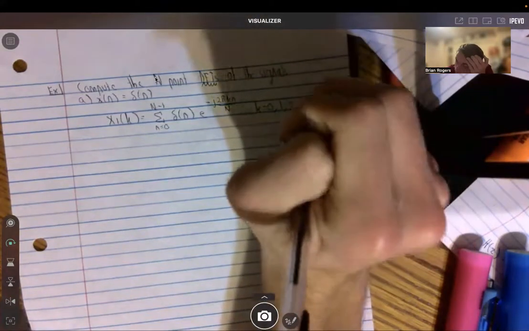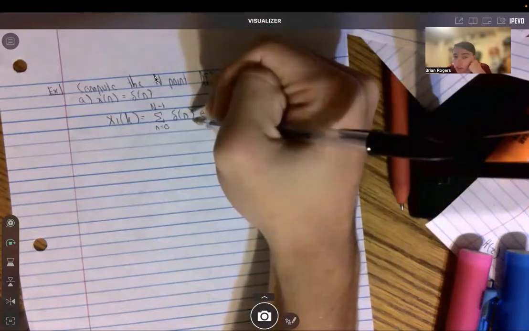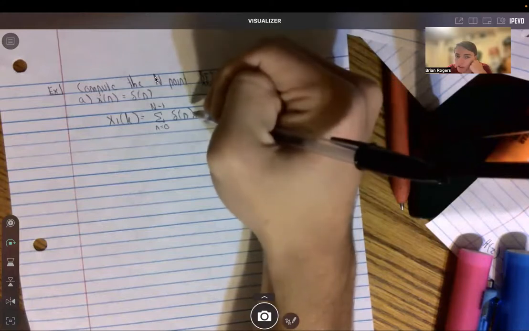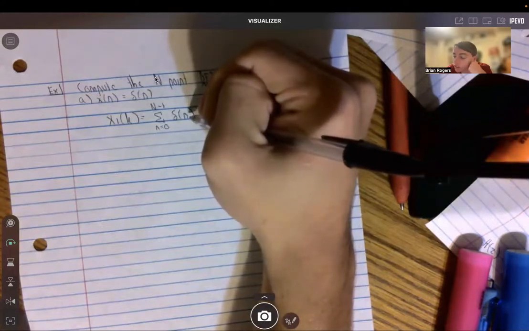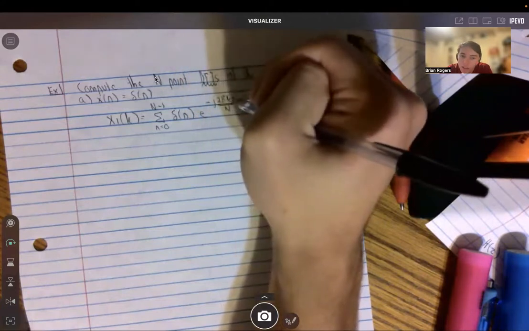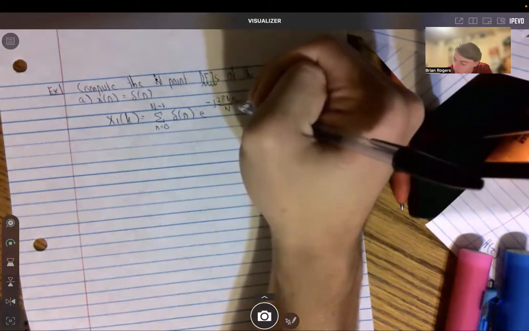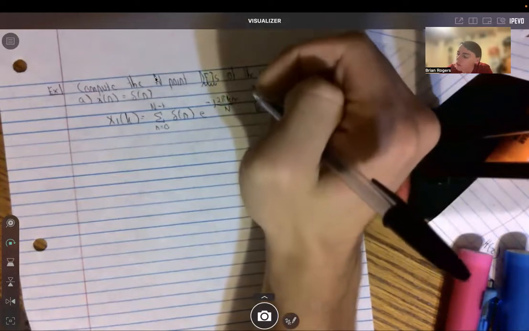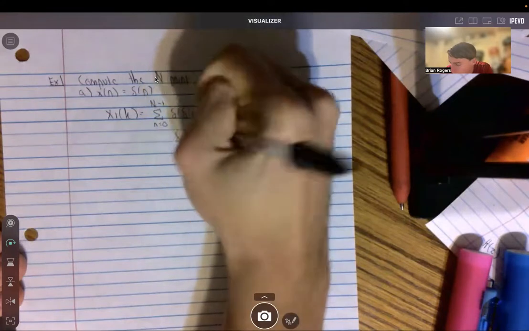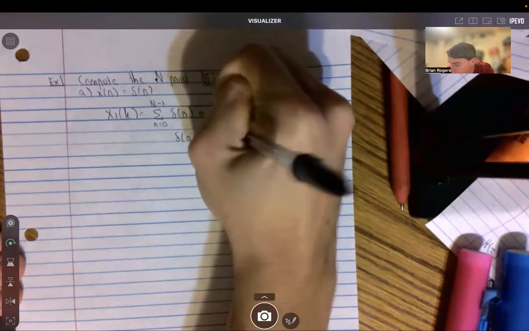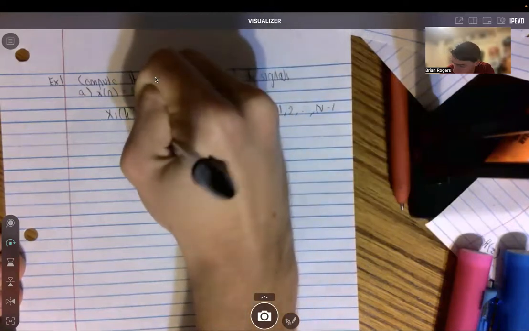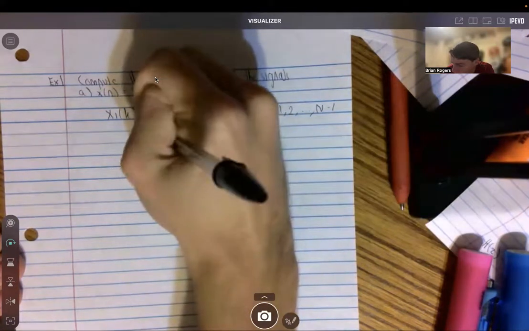So we're going to remember the delta function. If you multiply it by something else, the value only occurs where the delta function occurs, and the delta function occurs at 0. So plugging in here, it's going to be e to the 0 for your n. What you get as a result is delta[n] multiplied by e to the negative j 2π k times 0 over N, summed from n equals 0 to N minus 1.